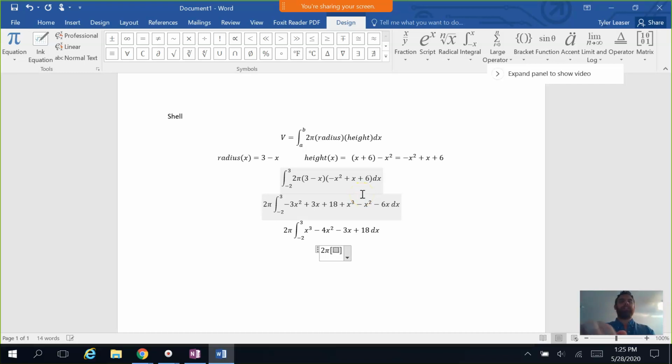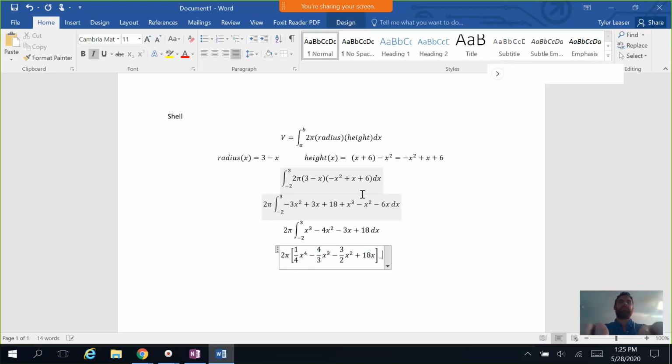All right, so the antiderivative for each of those is just a power rule. So make sure all of that makes sense to you. Ask questions if you have questions about that step.